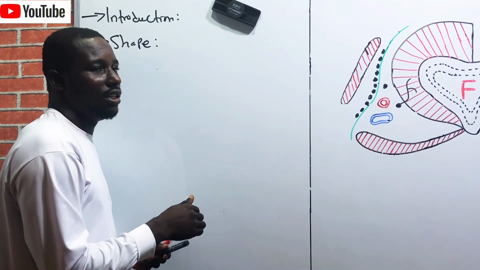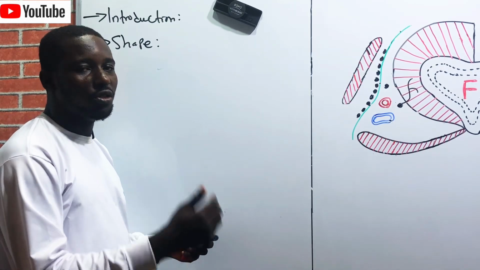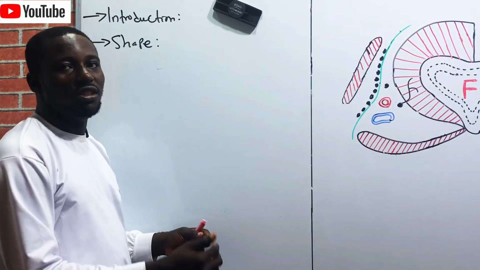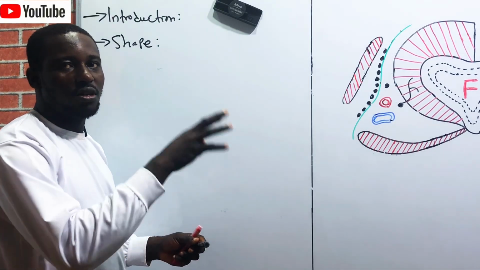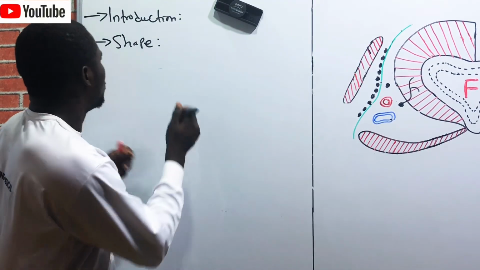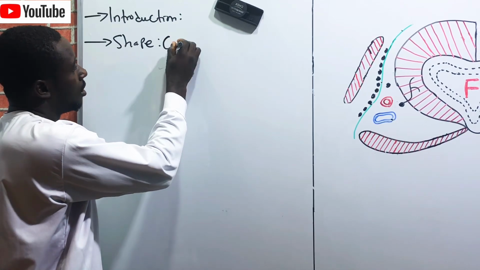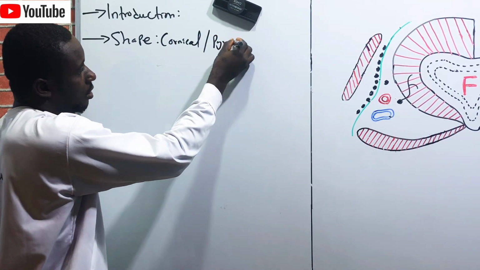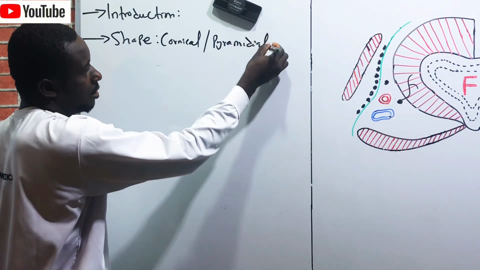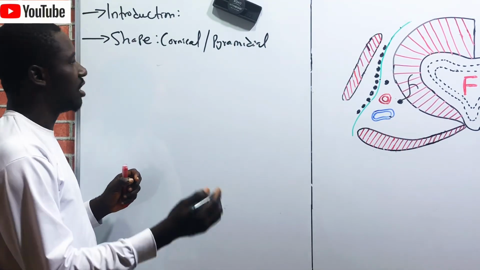The adductor canal is conical or pyramidal in shape, but when viewed in a cross section, it is triangular in shape.